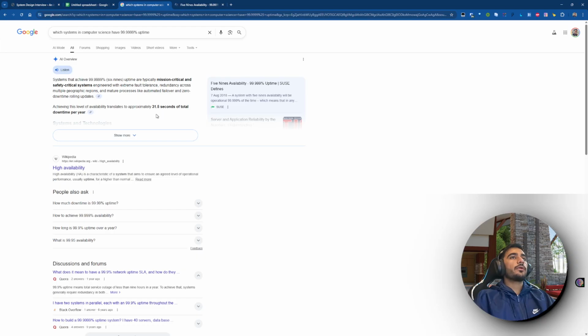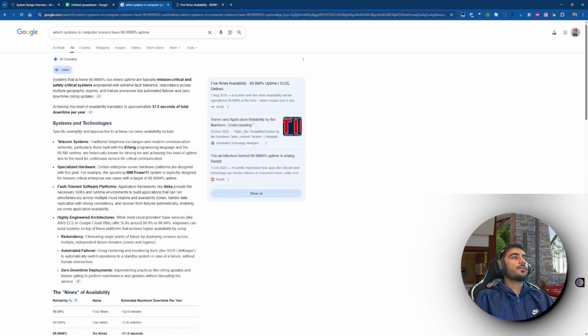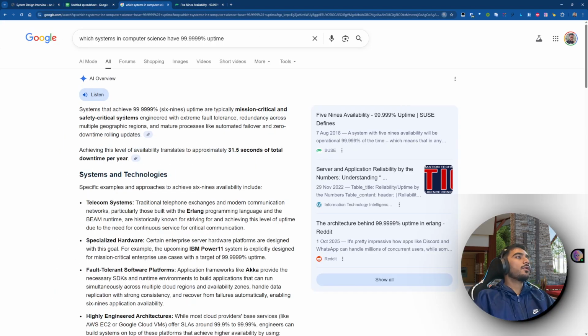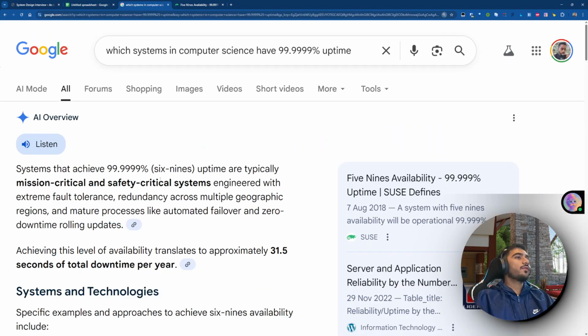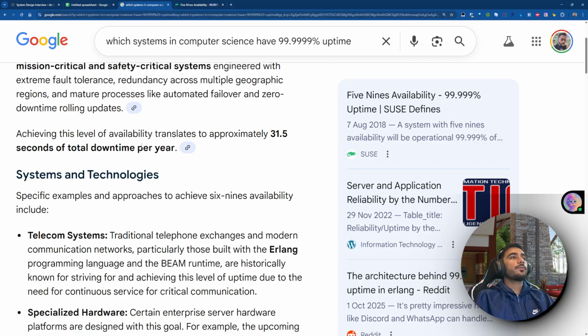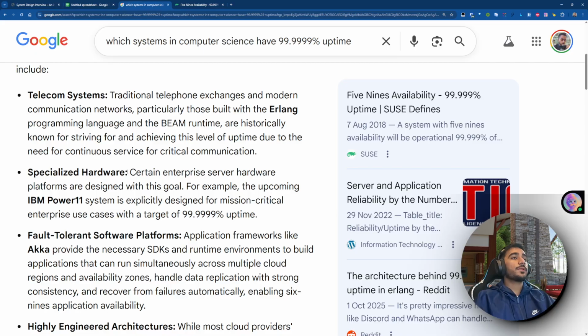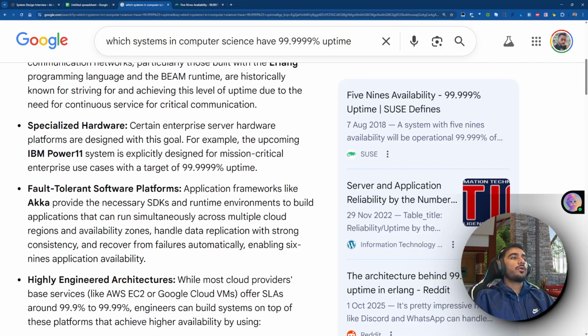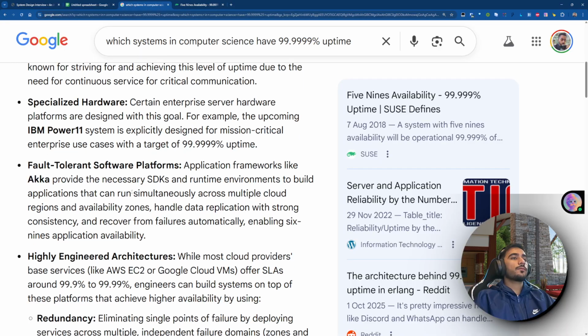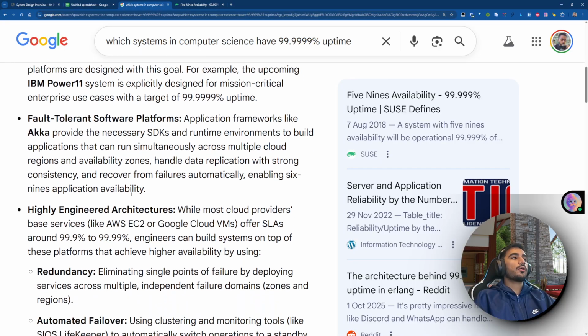Five nines availability translates to approximately 31 seconds of total downtime. Examples include telecom systems, traditional telephone exchanges, and modern communication networks, with specialized hardware, fault tolerant software platforms, and applications built across multiple clouds.